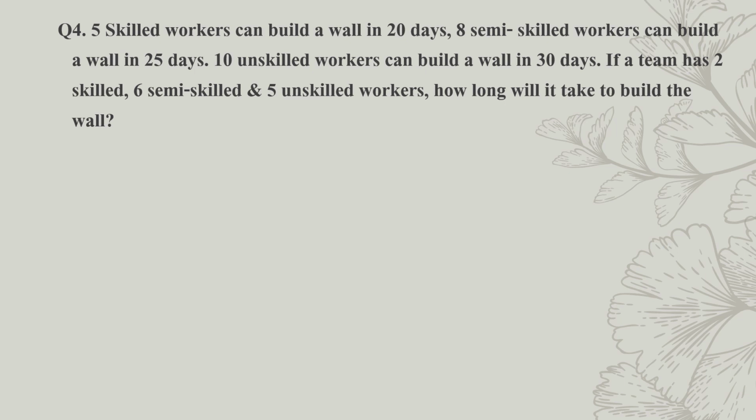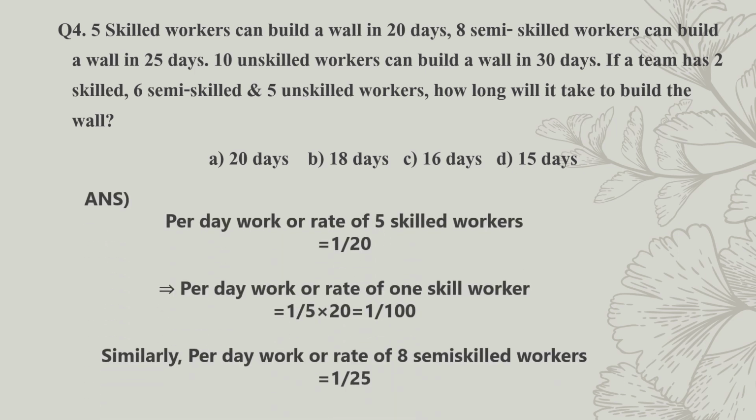If a team of 2 skilled, 6 semi-skilled and 5 unskilled workers works together, how long will it take to build a wall? From the options, it is given as 20 days, 18 days, 16 days, and 50 days.